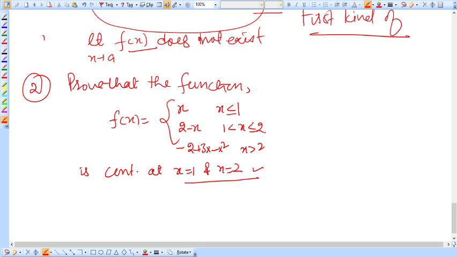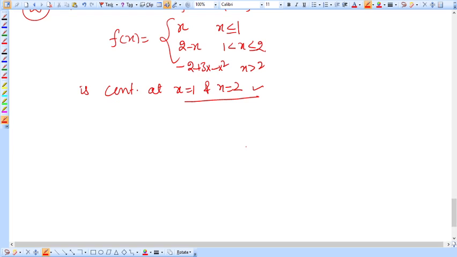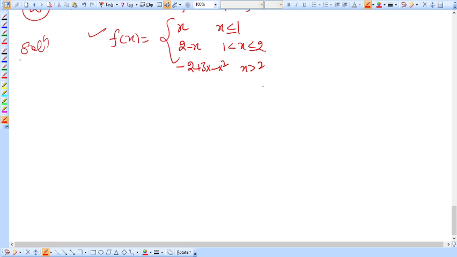Okay, so we have to show that this is a continuous function at x is equal to 1 and x is equal to 2. So this is your function, right? Solution. So firstly let us check discontinuity at x is equal to 1, right?